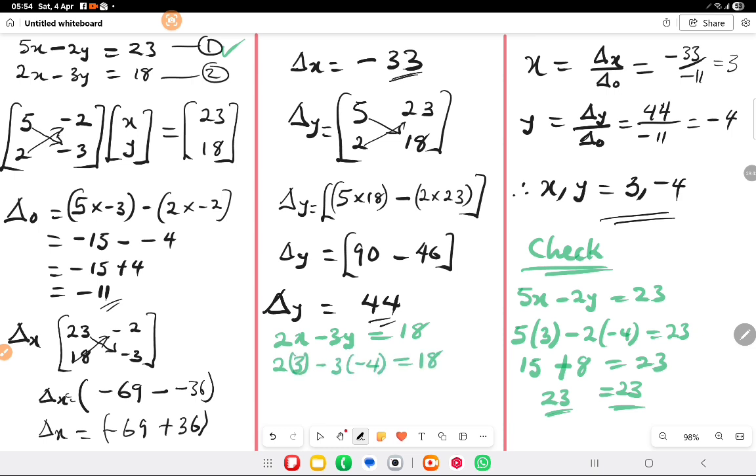Will it give us 18? 2 times 3 gives us 6. Minus 3 times minus 4 gives us plus 12. 6 plus 12 is 18, equal to 18, which is correct. This is how you check if your answer is correct. So this satisfies equation 2.